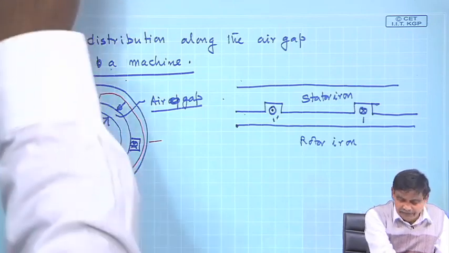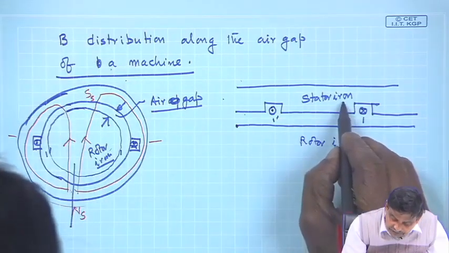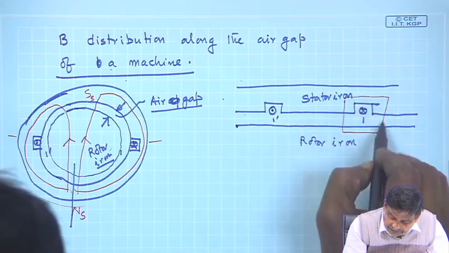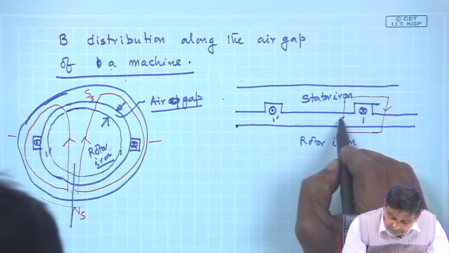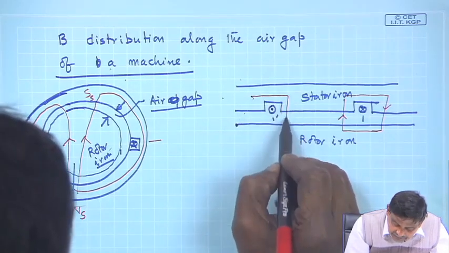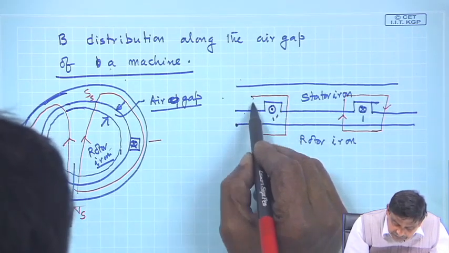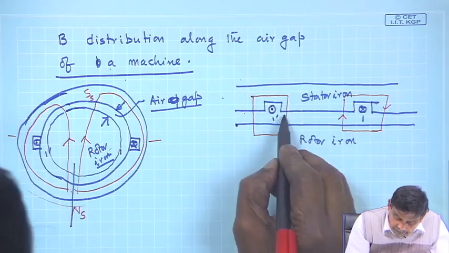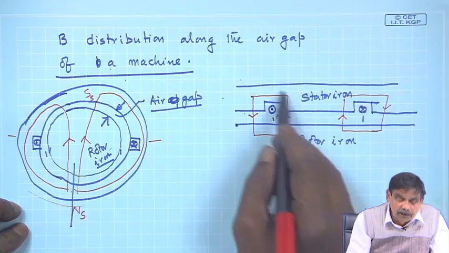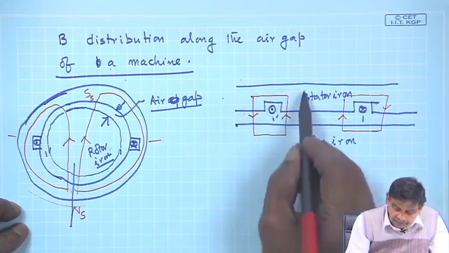And first I will draw the lines of force. It will be somewhat like this, cross current, and I will draw the lines of force. It will be like this. A symbolic one I have drawn, there are several.